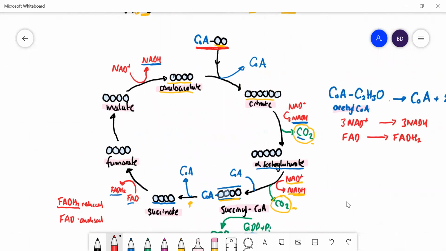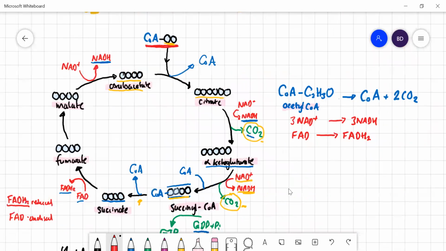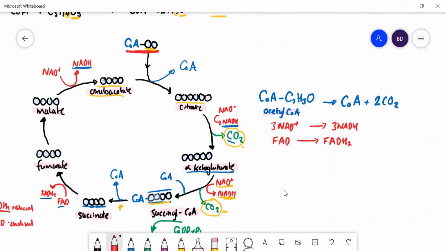Now, let's just see what's happened overall in the citric acid cycle. We started off with acetyl-CoA, which has the formula CoA, with C2H3O, and we turn that into free coenzyme A and 2 carbon dioxide molecules. If we look at what's happening here, we've gone from having 1 oxygen to 4 oxygens, so there's definitely been a lot of oxidation going on.